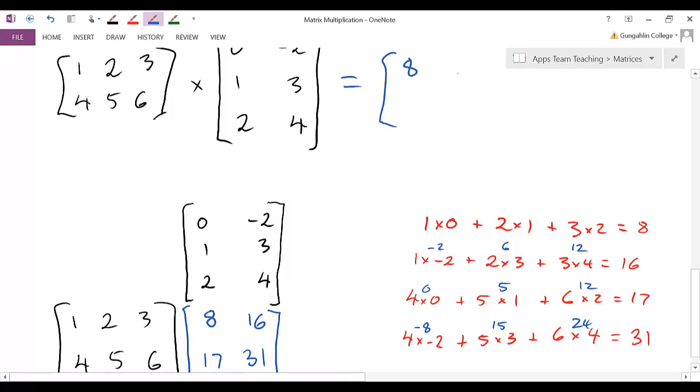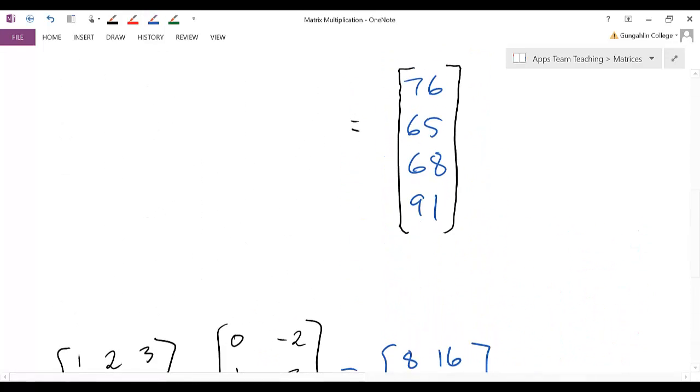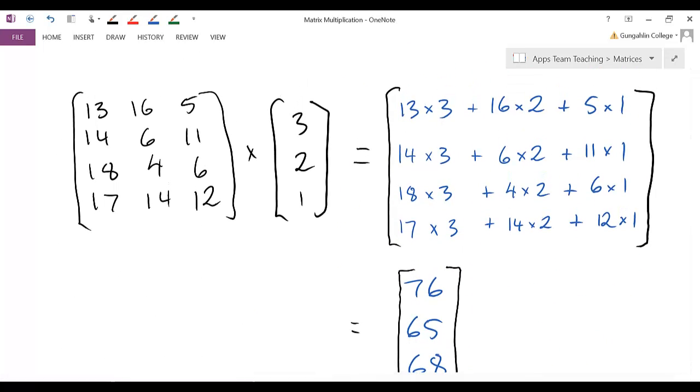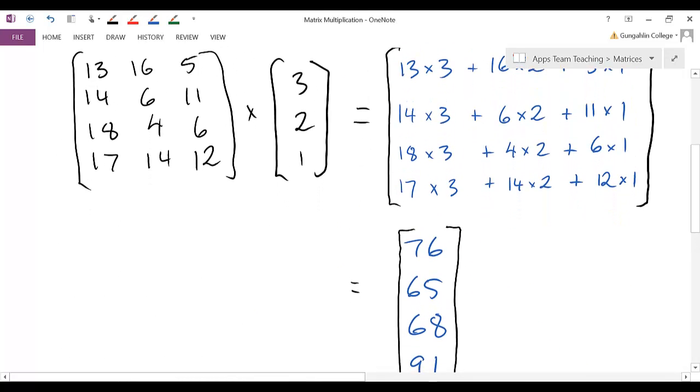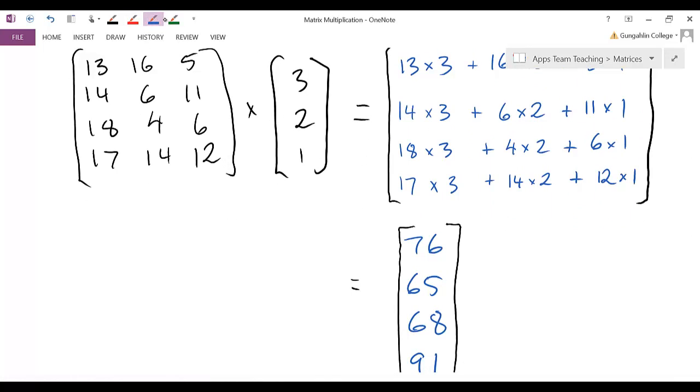So this is the result of that matrix multiplication, this 2 by 2 matrix. To wrap up, I just wanted to go over some of the results that we can notice from these multiplications. In the first matrix multiplication, we had a 4 row and 3 column matrix, so a 4 by 3 matrix, and we were multiplying it by a 3 by 1 column matrix.